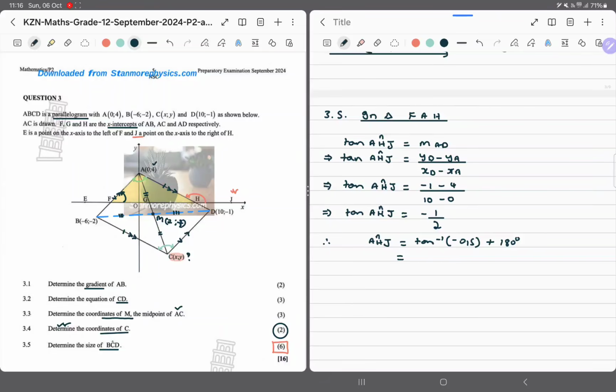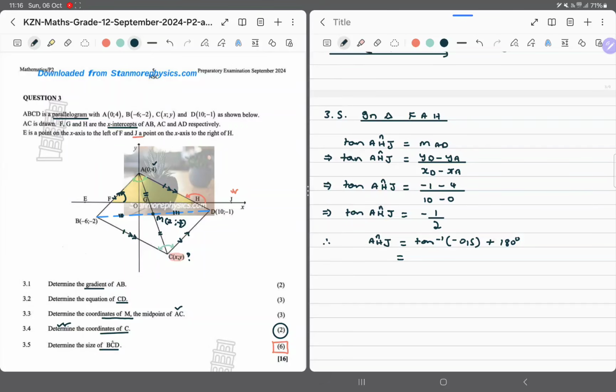Now we go back to our computing mode. Please get out of stats mode, or else you're going to have problems with certain symbols. So we say shift tan minus 0,5 plus 180.